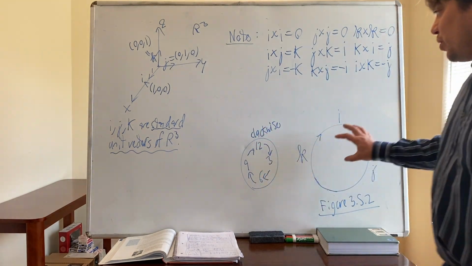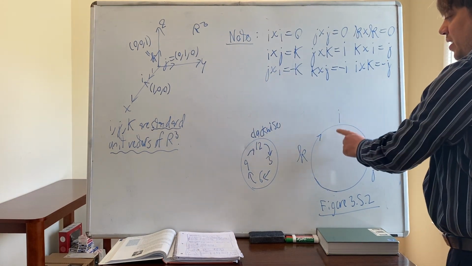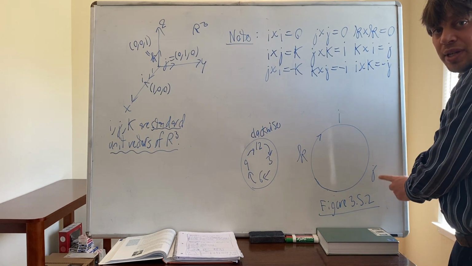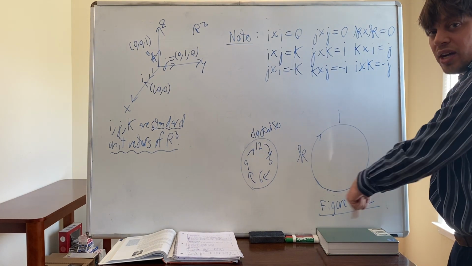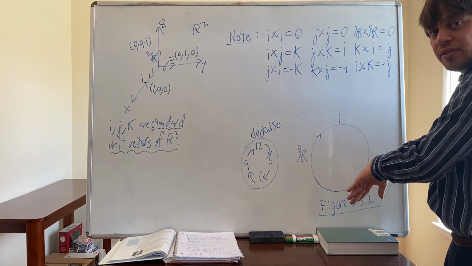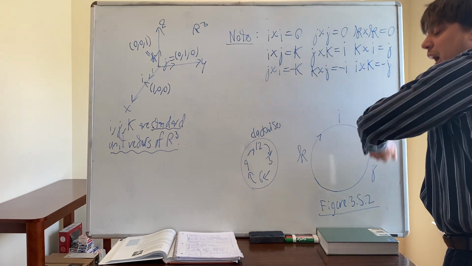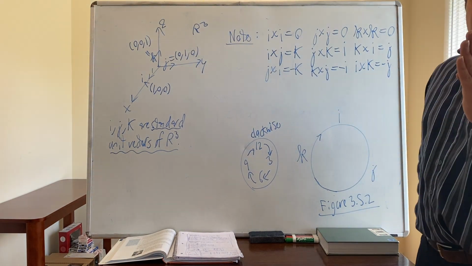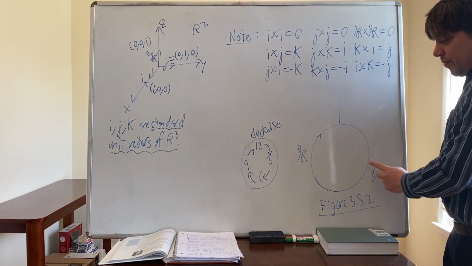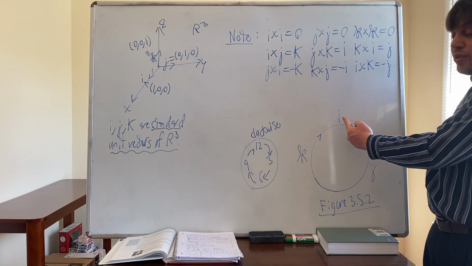Getting it directly from the picture, J cross I, what would happen there is if you started at J, but instead of going in the direction clockwise, instead of going in the direction of the hour hand on a clock as time moves forward, you go the opposite direction. You go counter to the direction of the clock, counterclockwise. Then, if you start at J, and instead of going this way, you go the opposite direction, the next vector you get to is I.